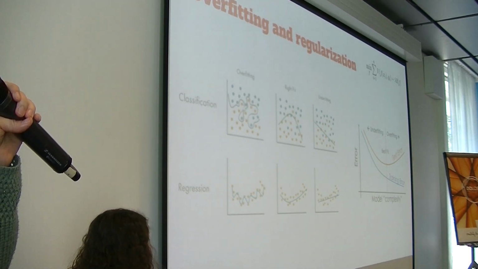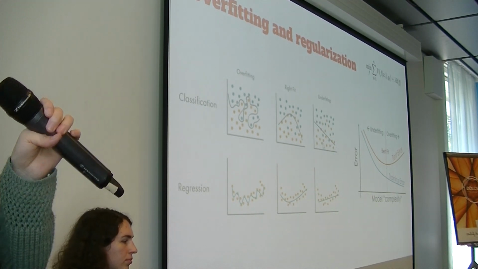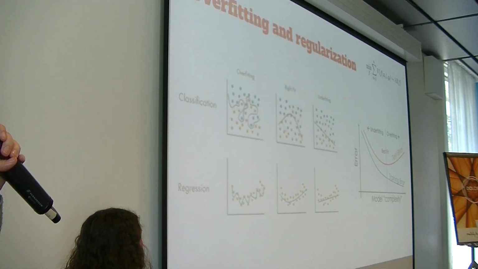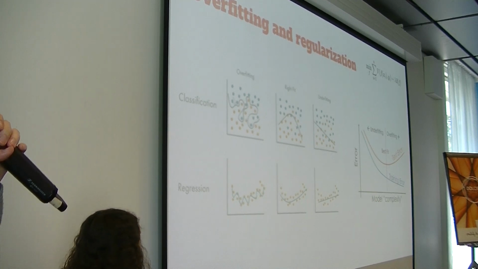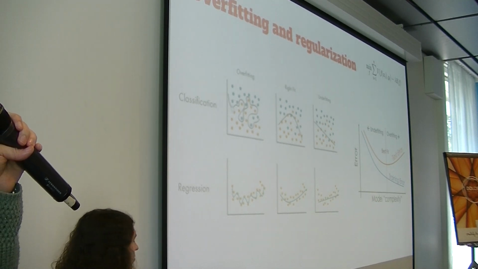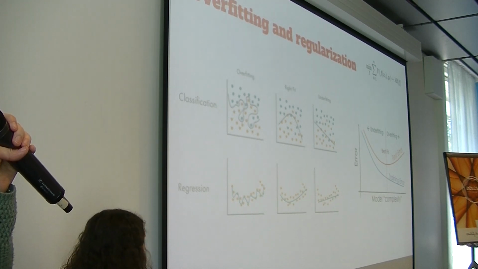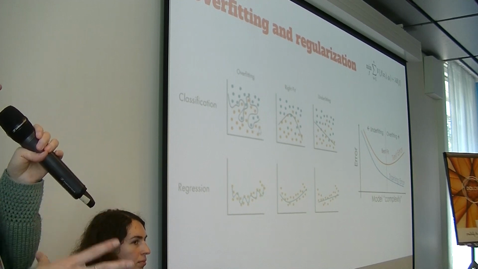And the interesting thing here is these are results of three different classifiers, three different classification models. One of them is doing something called overfitting. So overfitting provides you with a very good separation. If you look closely, you can see that this wiggly line actually separates the two classes perfectly.